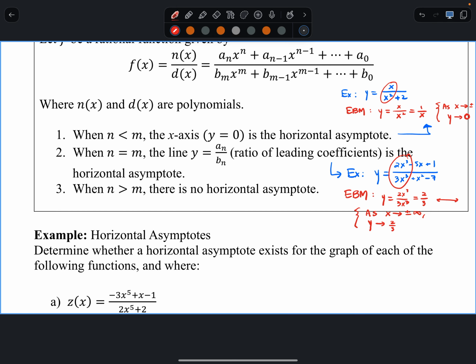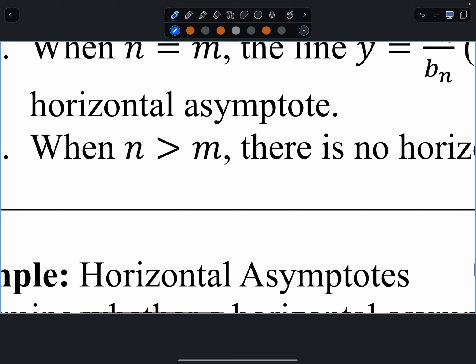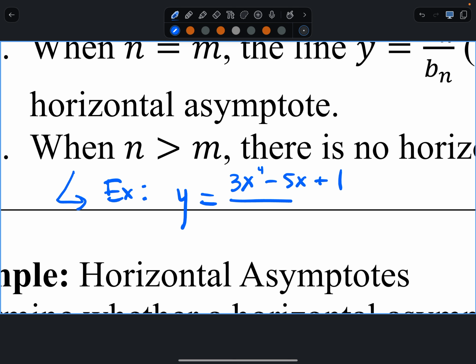All right. And then let's look at an example of a rational function where the degree of the numerator is larger than the degree of the denominator. How about 3x to the 4th minus 5x plus 1 over x squared minus 4.